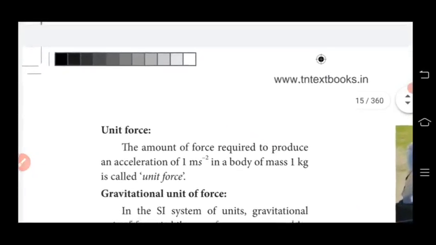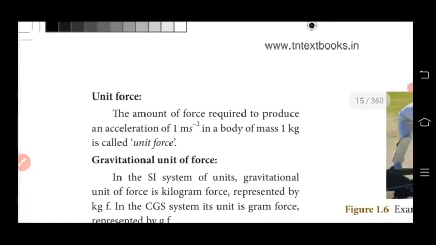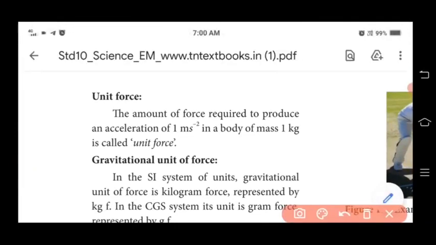And then unit force. So what is meant by unit force? Unit force is the amount of force required to produce an acceleration of 1 meter per second square in a body of mass 1 kg.